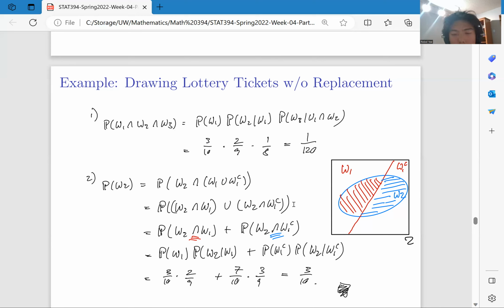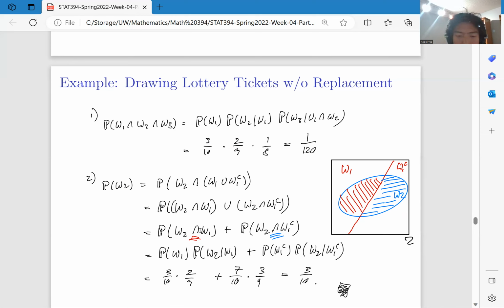This is the law of total probability. By using this Venn diagram, we can see we just separate W2 into this term and this term, and combining them together, we get W2 as a result.